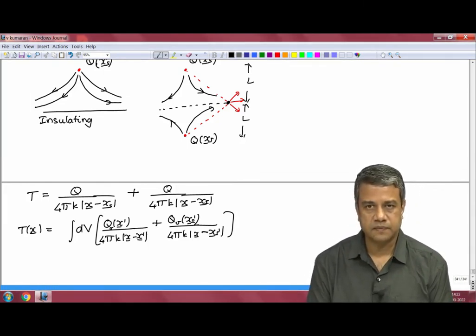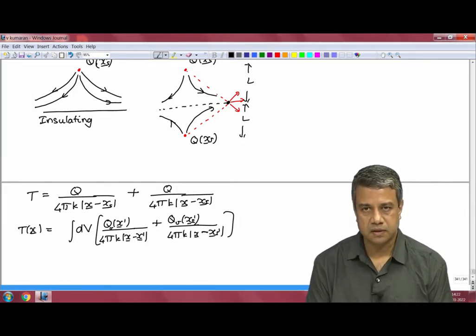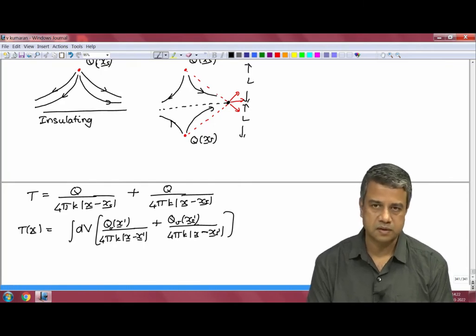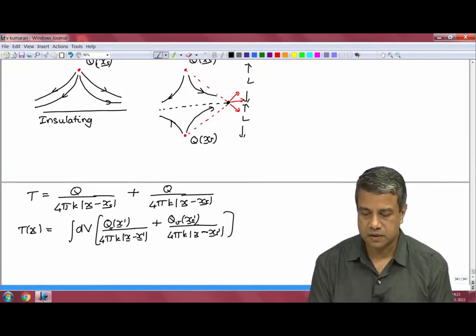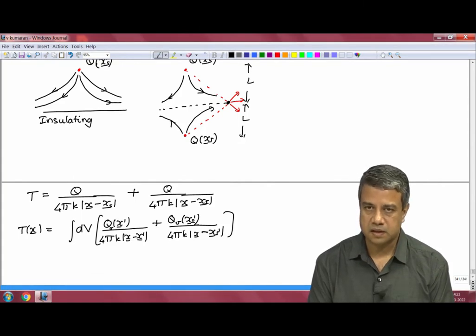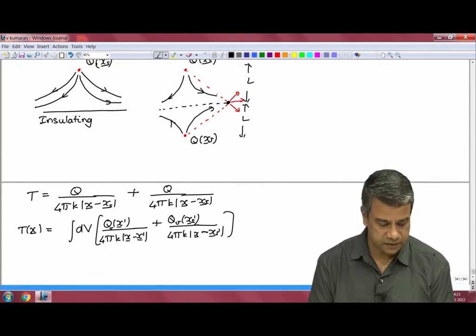So, this is the temperature field for a source or a distributed source or a point source near a wall where you have to satisfy the 0 flux condition perpendicular to the wall, if it is perfectly insulating.